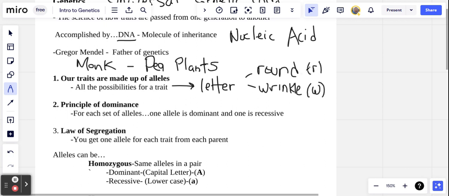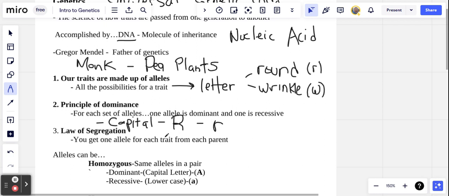Often they use the dominant as a capital letter. So for tongue rolling, it might be a capital R. But if you can't roll your tongue, it would be lowercase r.